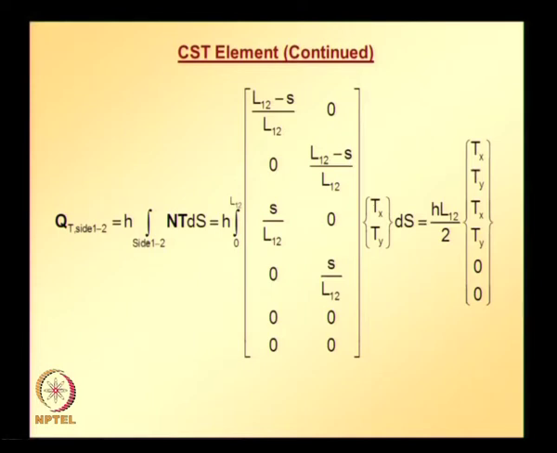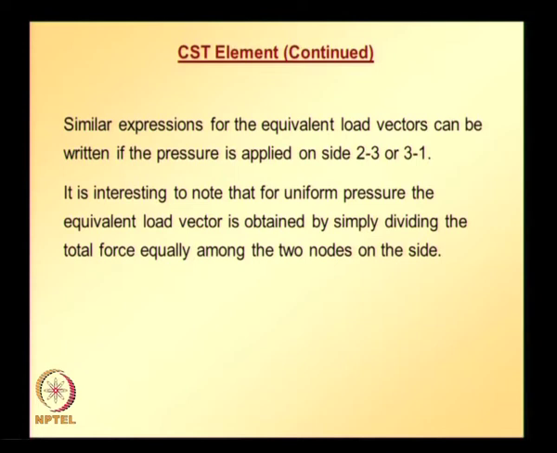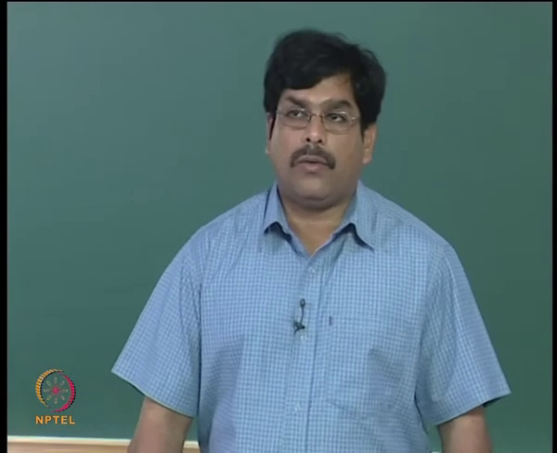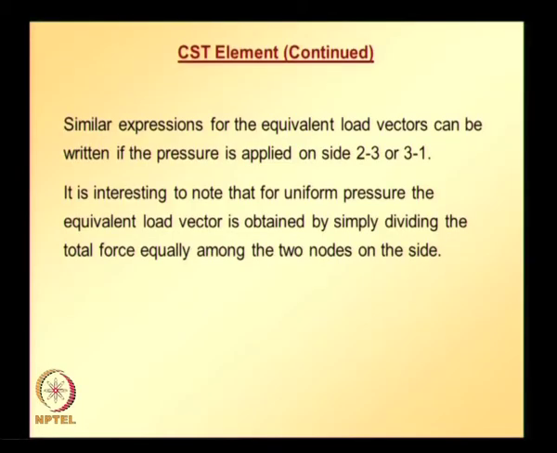Similar expressions for the equivalent nodal load vector can be written for the other sides, side 2 3 and 3 1. It is interesting to note that for uniform pressure, the equivalent nodal load vector is obtained by simply dividing the total force equally among the two nodes on that side, because traction is uniform.